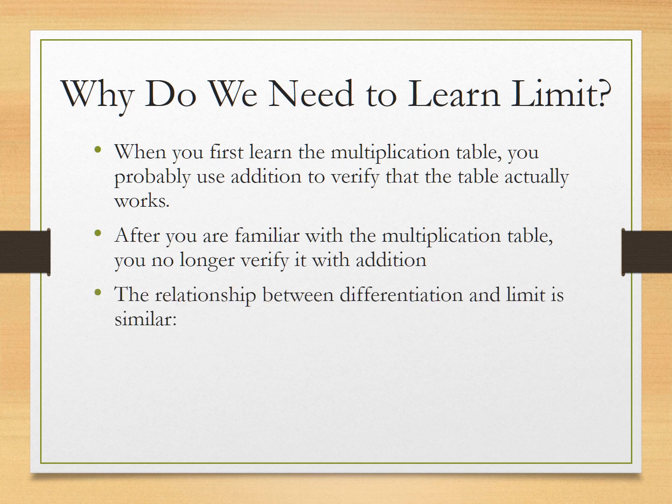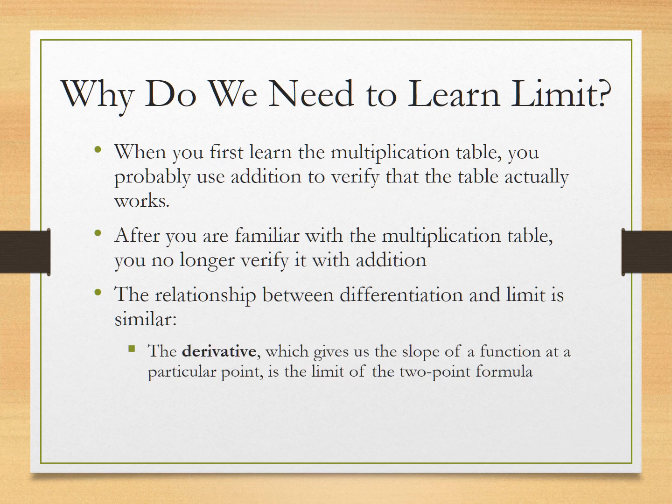The relationship between differentiation and limit has a similar tone, because we need limit to get the derivative. As I just told you, the derivative, which gives us the slope of a function at a particular point, is the limit of the two-point formula by definition. In some sense, you can imagine that's what Newton was trying to do.